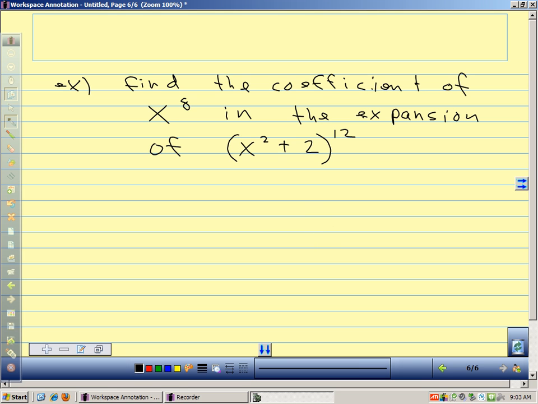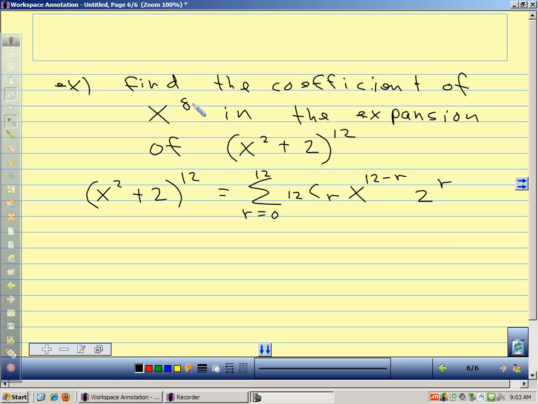All right, so we know that x squared plus 2 to the 12th equals a sum, r equals 0 to 12 of 12Cr, x squared to the 12 minus r, times 2 to the r.